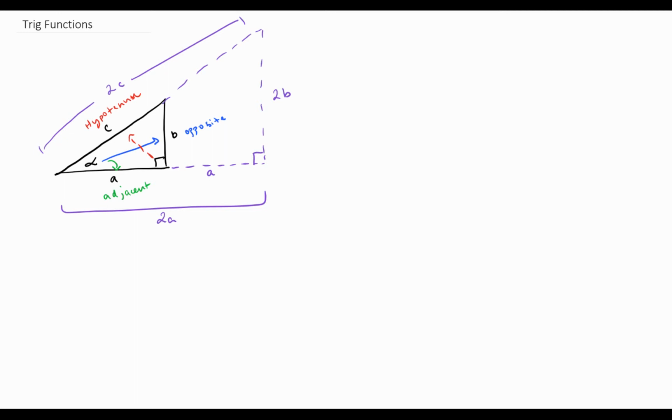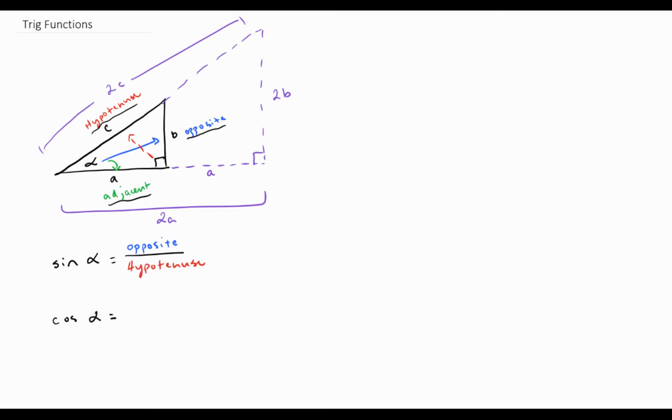First, let's define what those trigonometric functions are. There are three of them. The first one is called sine, and it's the sine of an angle of the triangle. That angle is important because it allows us to identify our opposite, adjacent, and hypotenuse sides. Sine is equal to the opposite side over the hypotenuse.